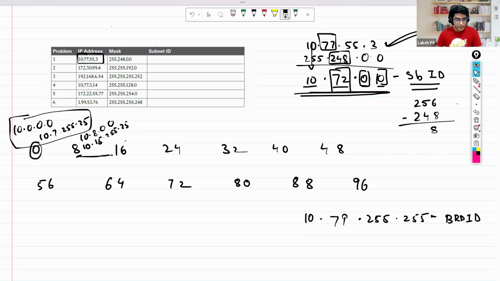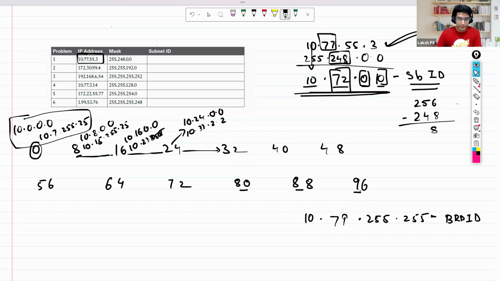Then the next subnet starts with 10.16.0.0 and goes up till 10.23.255.255. Then the next subnet starts with 10.24.0.0 and ends at 10.31.255.255. So the numbers that we have written are basically the start of the subnet.